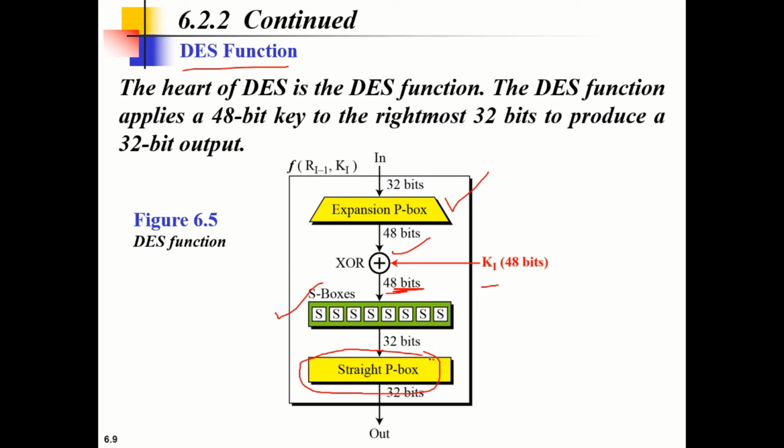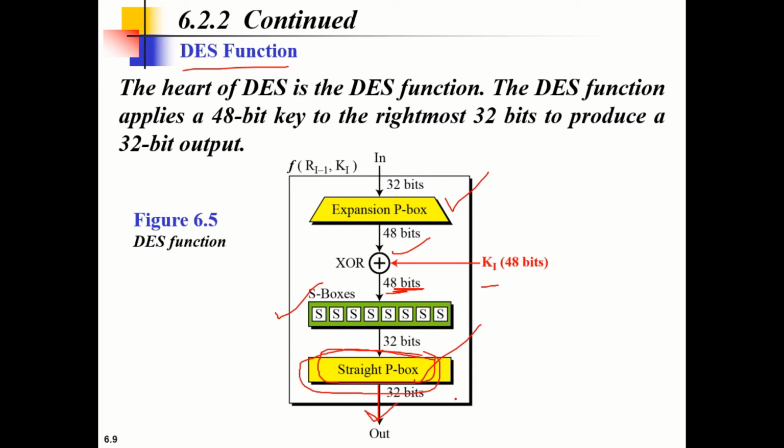Now we input these 32 bits into the straight P box, which is again a permutation table. The bits will be permuted, and as a result we get the output from this DES function.